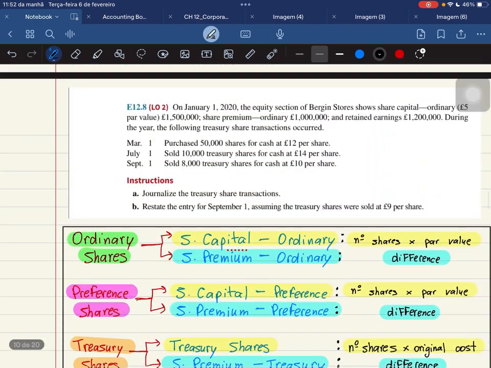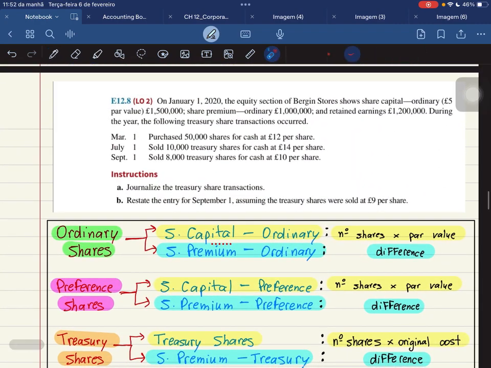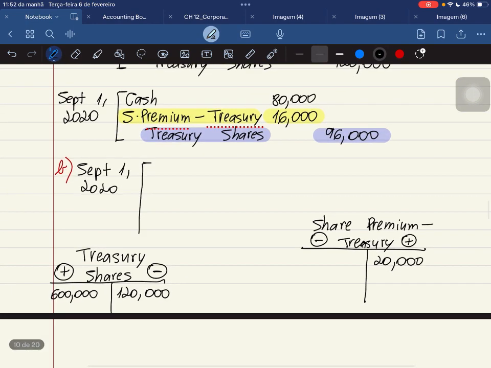Okay, so let's see. Assuming that the treasury shares were sold at 9 per share. Okay, so they were sold below the cost, right? One more time, let's not look at the cheat sheet for now. Let's see if we can come up with the answer. So we sold them at 9 per share. So our cash is going to be 8,000 times 9, correct? So cash goes up and treasury shares goes down.